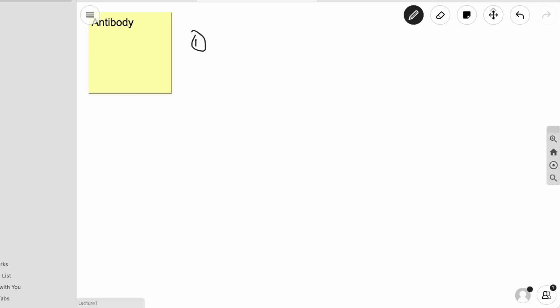number one, an antibody is a Y-shaped glycoprotein. When I say glycoprotein, I mean a molecule that is linked to a carbohydrate, that's sugar. So the first concept you need to know in the definition is that antibody is a Y-shaped glycoprotein.